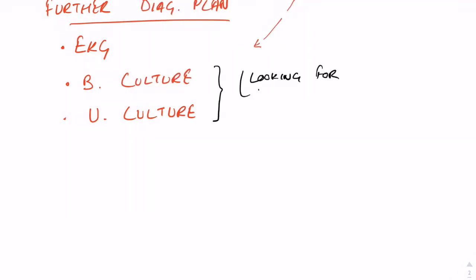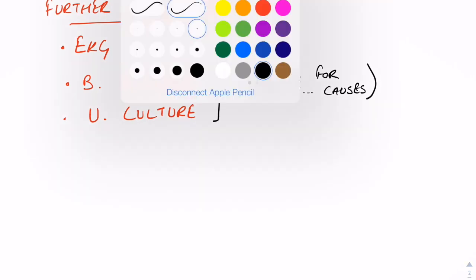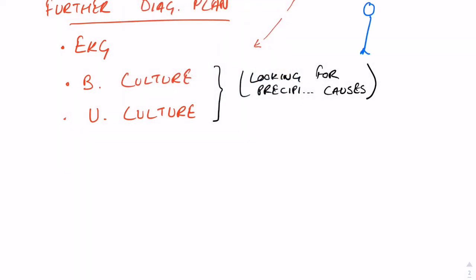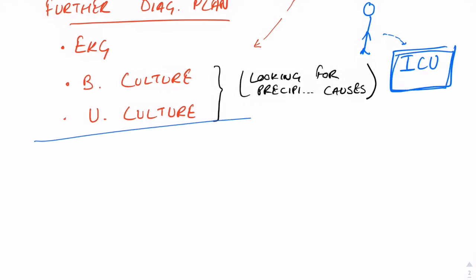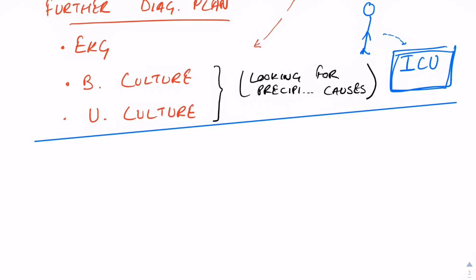We must also get a blood culture and a urine culture, looking for infectious causes in this patient. And we should also move this patient to the ICU because the patient needs continuous monitoring, which is not very easy to do in the ER.